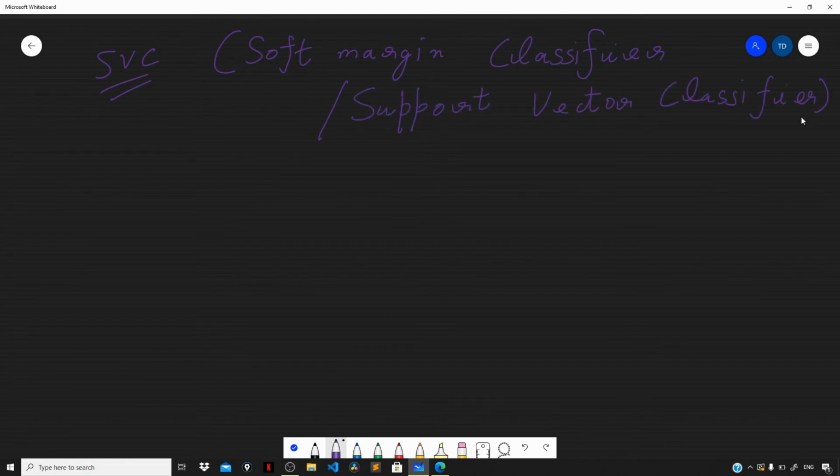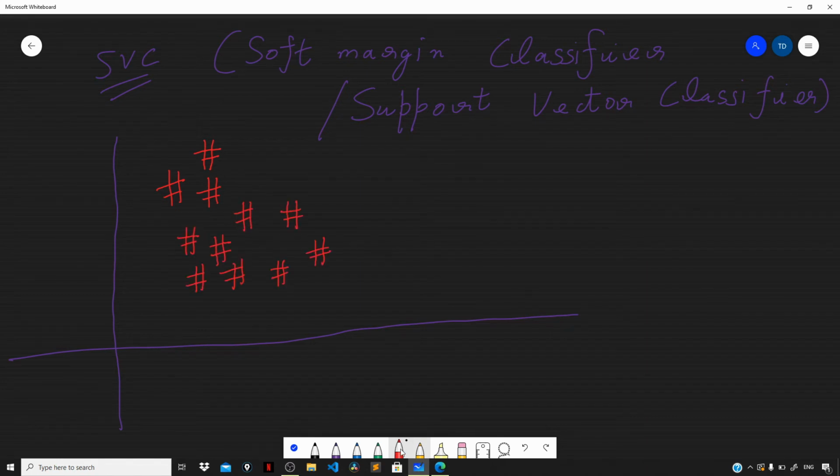Now let us say our points of the two classes are distributed something like this. Let us add our hash points for the first class, and let us add our second class points by using asterisks. And now let us say this is our hyperplane, and let us draw our two margins.